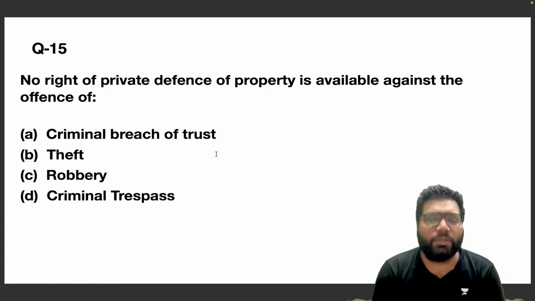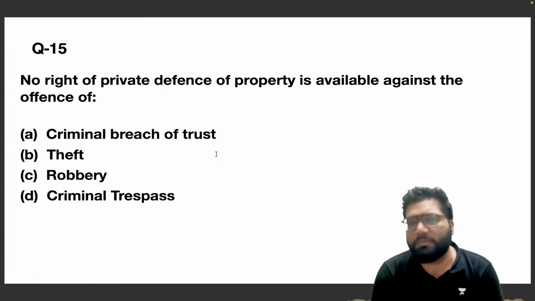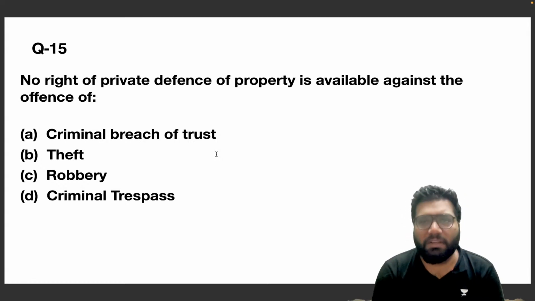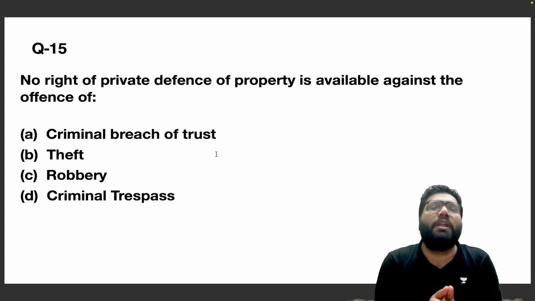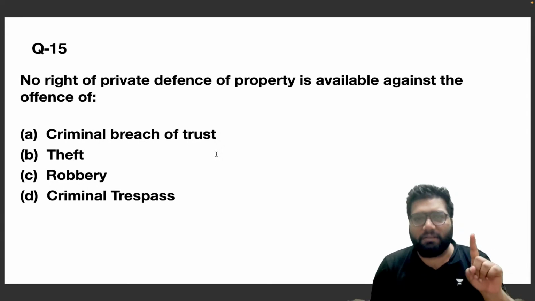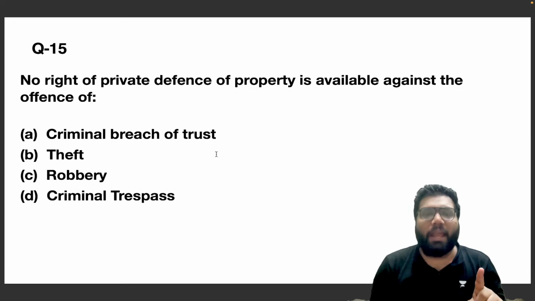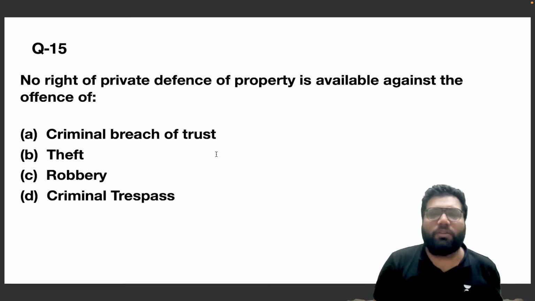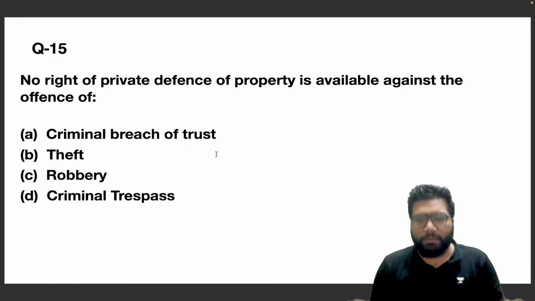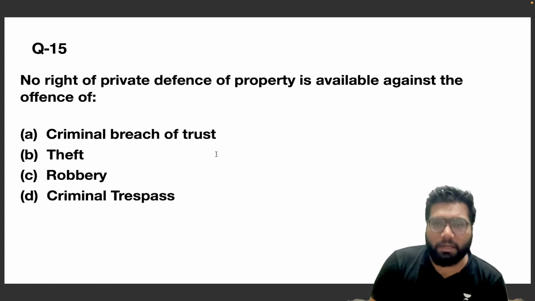Section 103 includes theft, robbery, and criminal trespass, but not criminal breach of trust. The reason is very simple. Whosoever has committed criminal breach of trust, the party is aware of that person. In that case, the person has all the time to go to the authorities, and not to take the law in his hands.